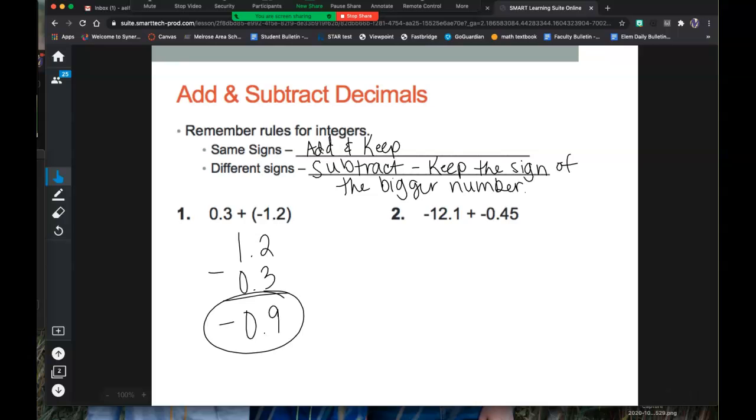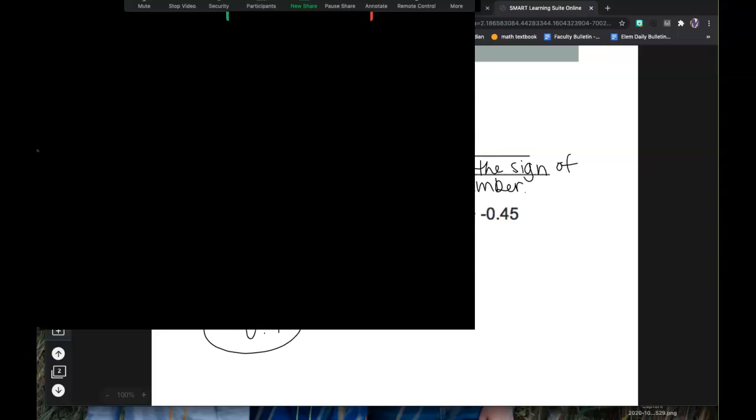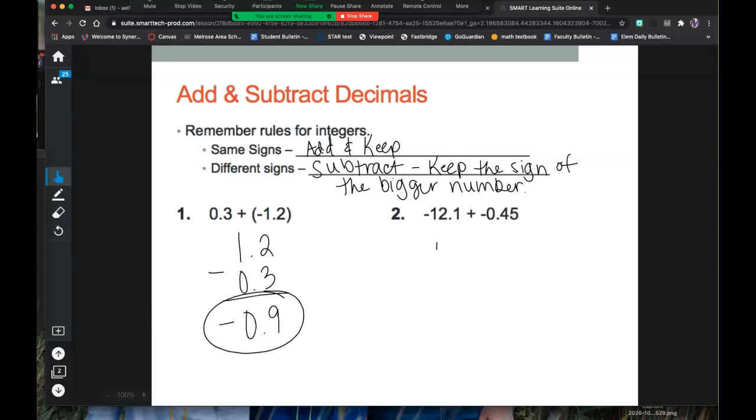Okay, and number 2, are they the same or different? Okay, I'm seeing some people type in the chat. Thank you, Savannah. They are the same. So if they're the same, that means we just add. We're going to take 12.1 plus 0.45. And I'm going to use my calculator.